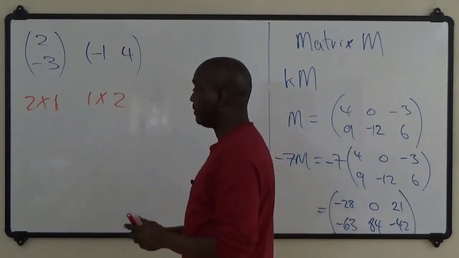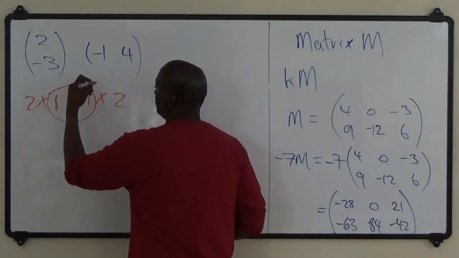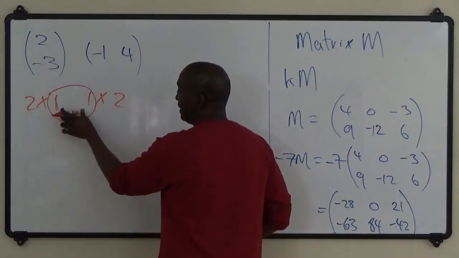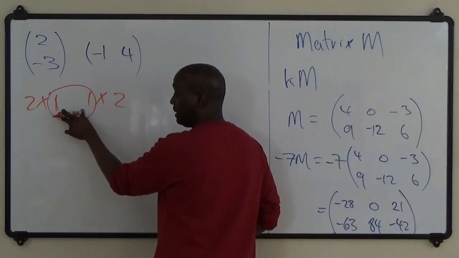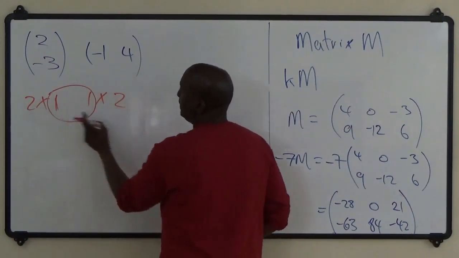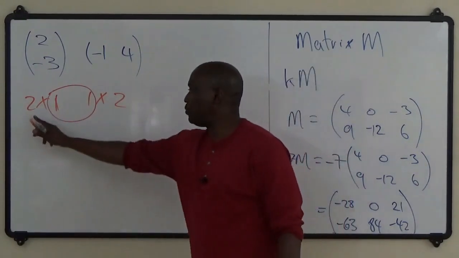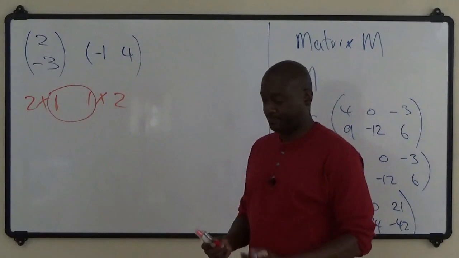You have to be very specific with the vocabulary now. So normally what we will do, we have verified here that the two matrices are compatible for multiplication, and in so doing, we have now illuminated the order of the answer, which would be a 2 by 2 matrix.